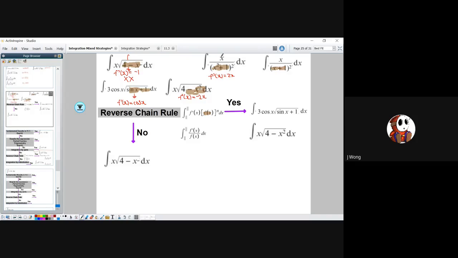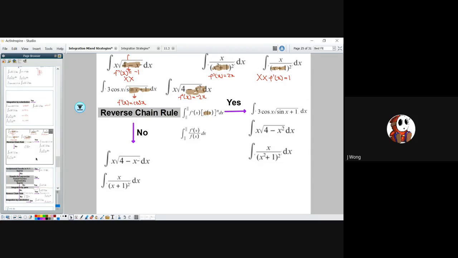That will cancel off with the x in front on top. Whereas if I differentiate just x plus 1, it will give me 1. That will not cancel out with the x. So I could not, once again, use reverse chain rule for that integral. So for these two, you could only use integration by substitution. So out of these 5, there are 3 integrals that you could solve in a quicker way if you use reverse chain rule.